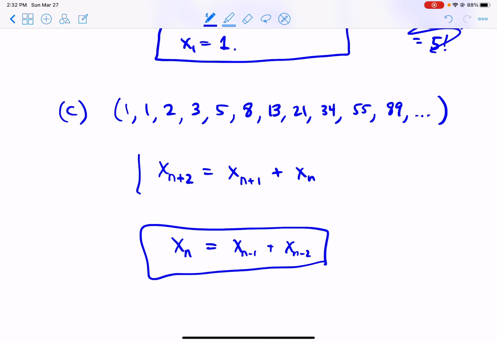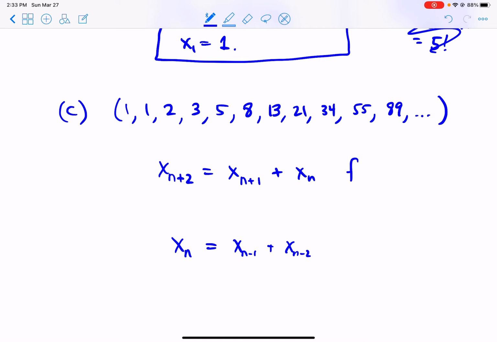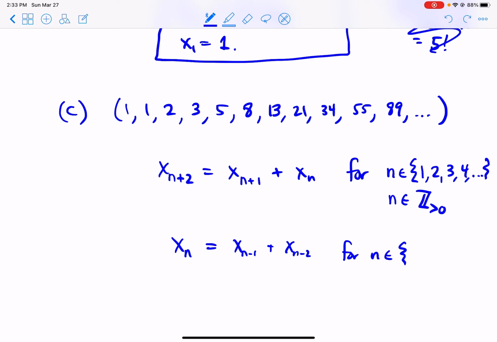These are actually the same list of equations if I say for n in the integers greater than 0, and here for n in the set of integers that are greater than 2.